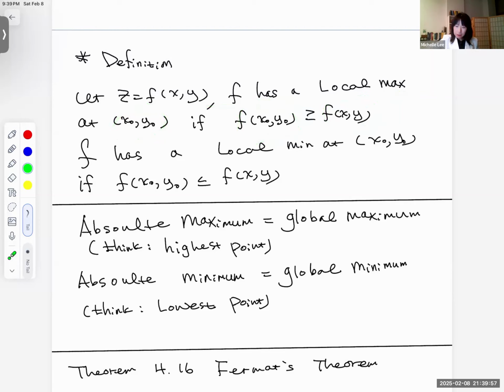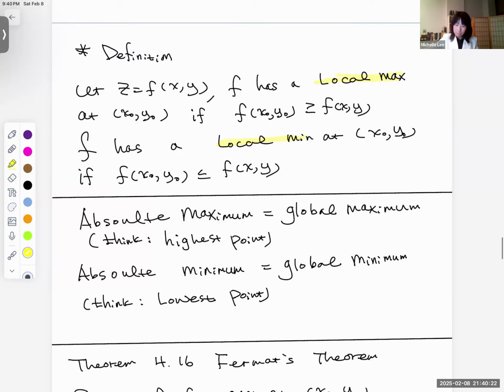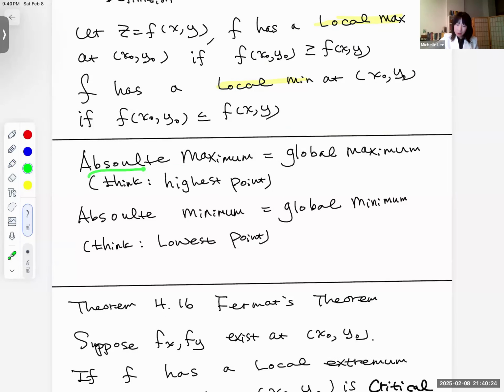If we have a local minimum at this point, x naught, y naught, then the function value at x naught, y naught is less than other values, right? So this is the local max, this is the local minimum. So same concept as pre-calculus, calculus 1, right? Local maximum, local minimum.